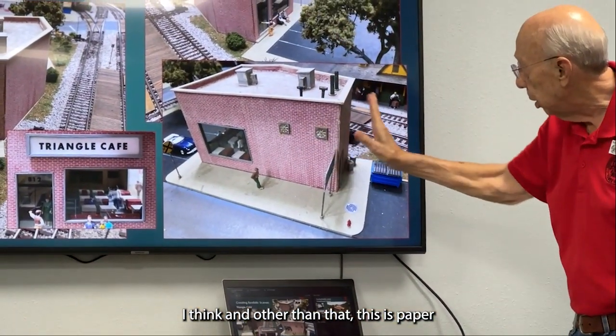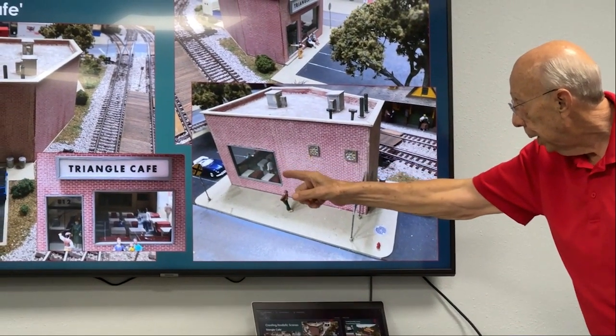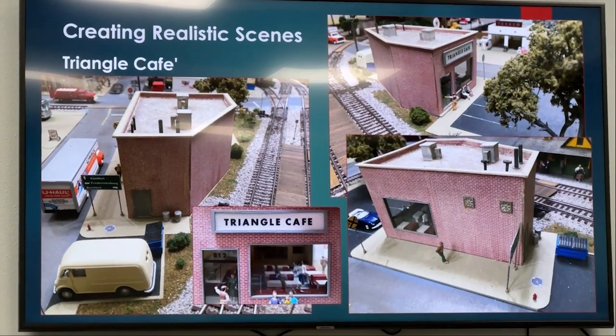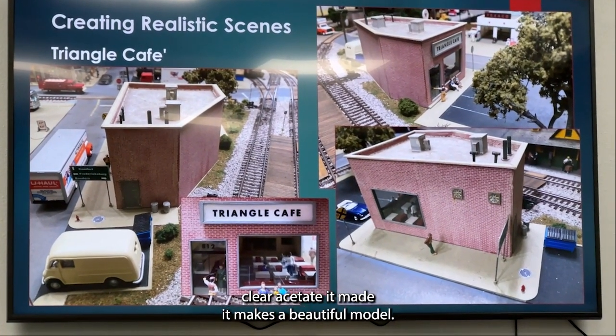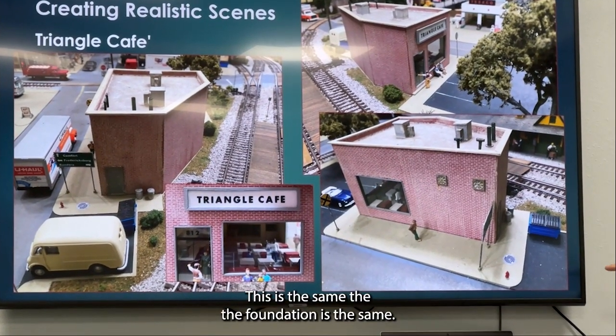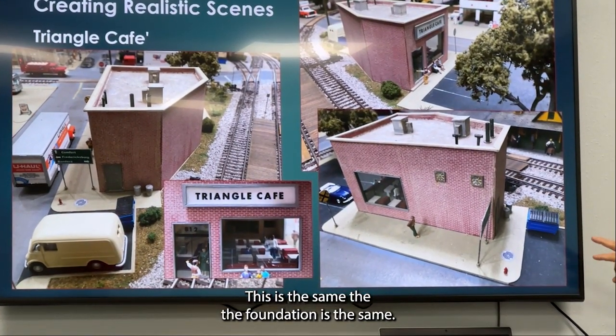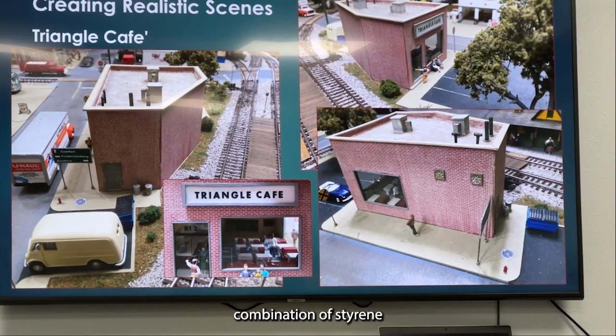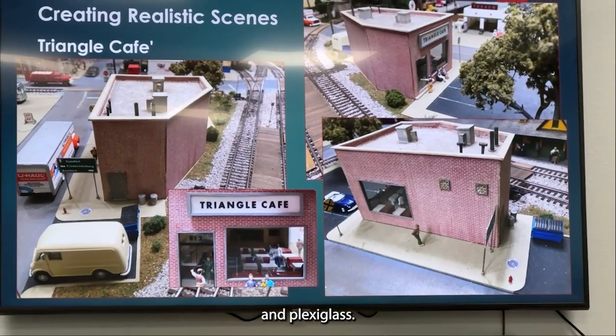And then other than that, this is paper. And that's just wood and a piece of styrene, or not styrene, clear acetate. It makes a beautiful model. So I really like it. This is the same, the foundation is the same combination of styrene and plexiglass.